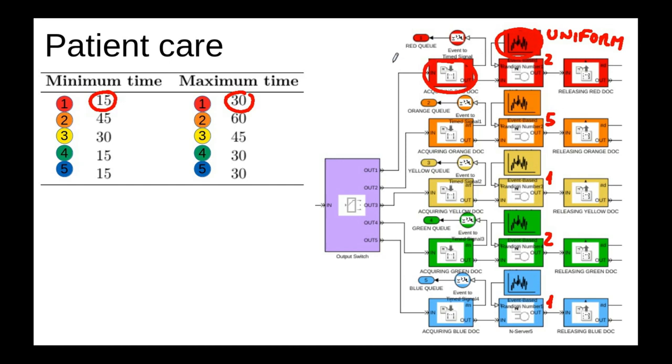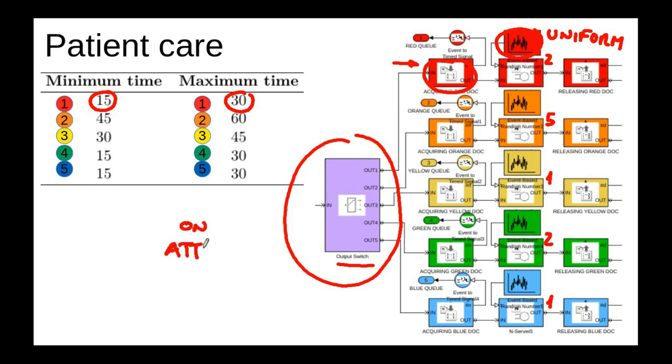So here we have the route for the red patients, the orange, the yellow ones, the green ones, and the blue ones. And pay attention to this block. This block is an output switch that is working on attribute.